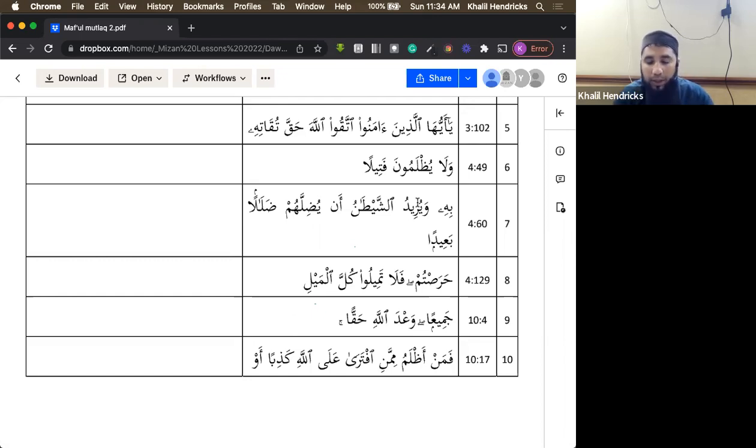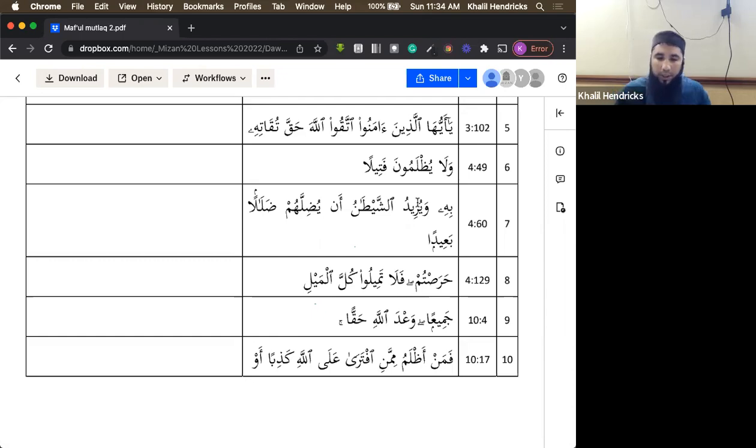Now, what we actually understand in Arabic is وَلَا يُظْلَمُونَ ظُلْمًا فَتِيلًا. They will not be wronged even the slightest harm. They will not be dealt an oppression, even the slightest oppression.